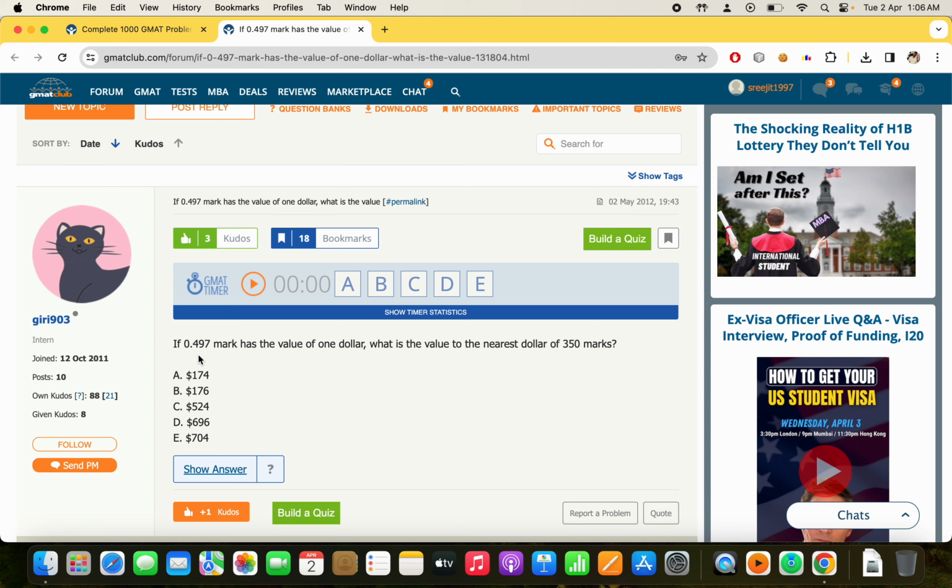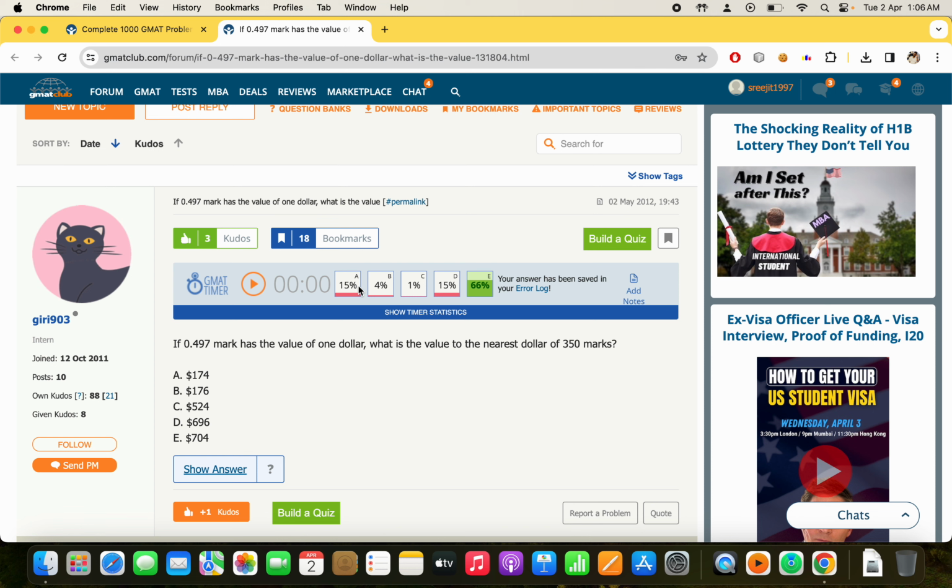Let's see whether it will be making any discrepancy or not. 350 into 0.5. So 25, 50, 175 it's making. So 0.497 will definitely be less than 175. So answer will be A.